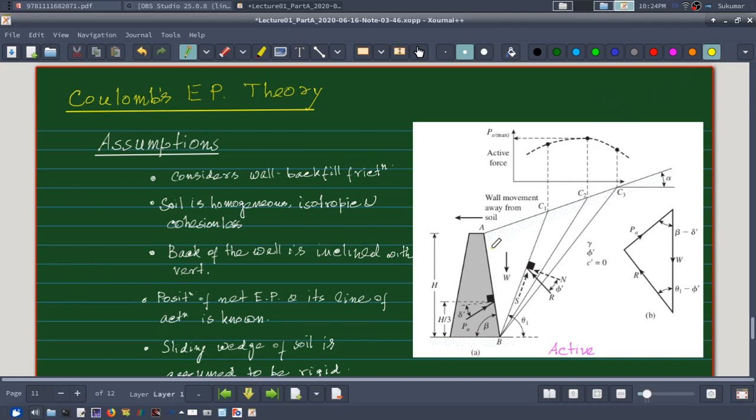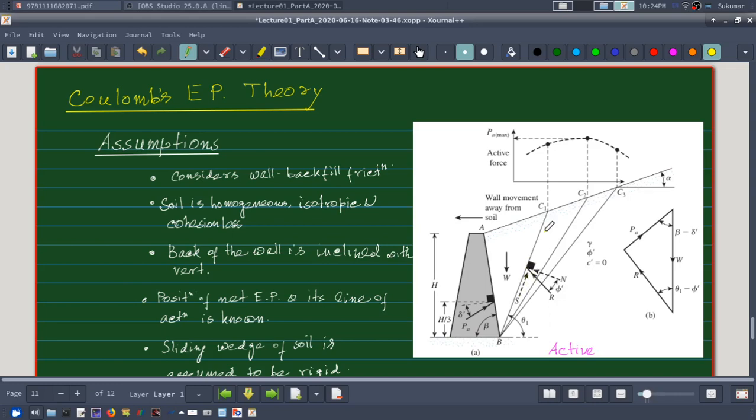In the active case, my wall will move away from the soil, therefore the wedge will move downward, and hence, as we discussed in the earlier class, the shear resistance on the failure plane will act upward.